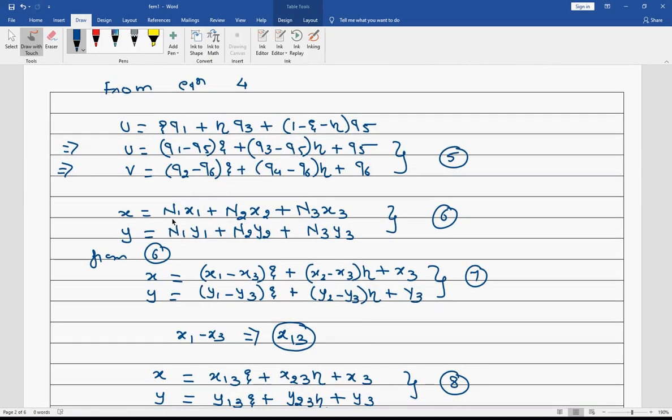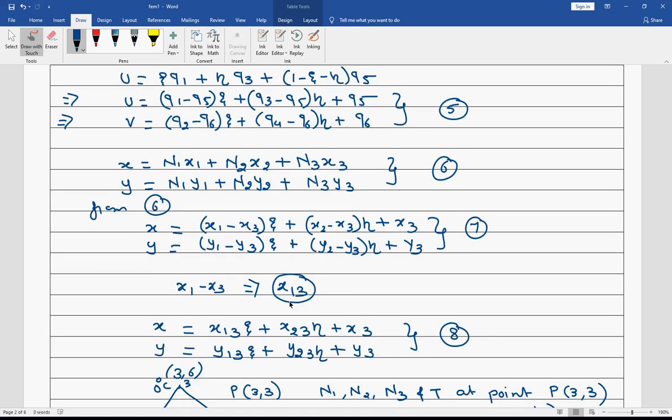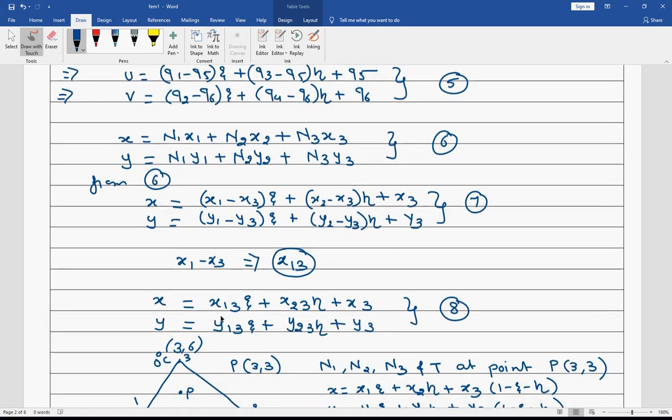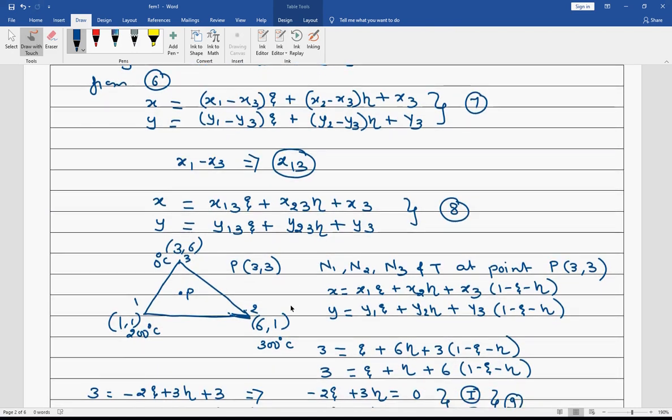Then we wrote the formulation for coordinate system: n1 x1, n2 x2, n3 x3, then n1 y1, n2 y2, and n3 y3. After simplifying, we get equation number 7. In equation 7, x1 minus x3 we put as x13, and therefore by simplifying equation 7 we get equation number 8.